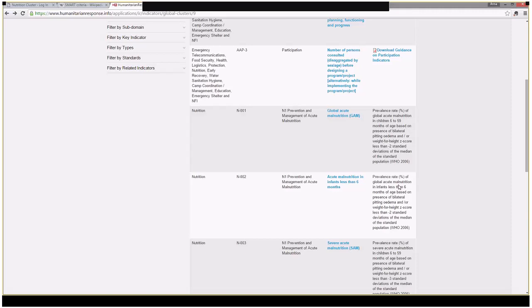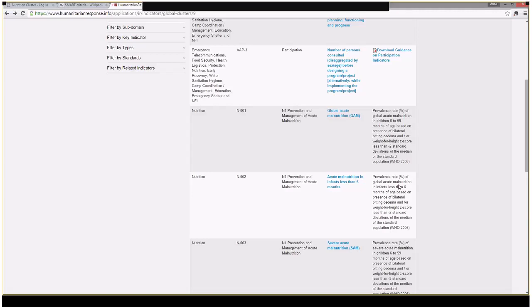For example, we can have an indicator which is percentage of children recovered and so on. But in your particular situation, maybe you decide that you need to have a number, or there is another reason. For example, you cannot measure percentage of something, you can only measure number, or you think it's more informative and so on. So this list of indicators is just for you to start thinking about what indicators you can select or you should select for your monitoring.